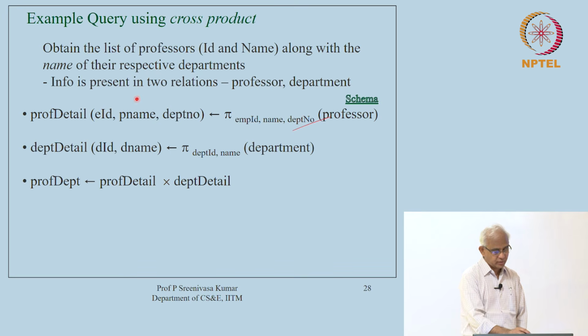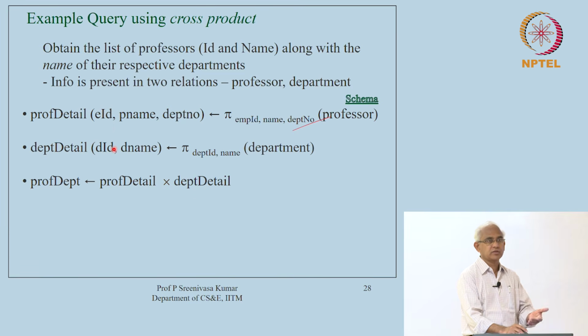If I take a professor from the computer science department and a tuple from the mechanical engineering department and simply combine them, that is not going to be useful at all. So, for this combination of tuples to be useful, we would like both tuples to refer to the same department. And how do we ensure that? That is simple, because we have the department number here and department ID here.